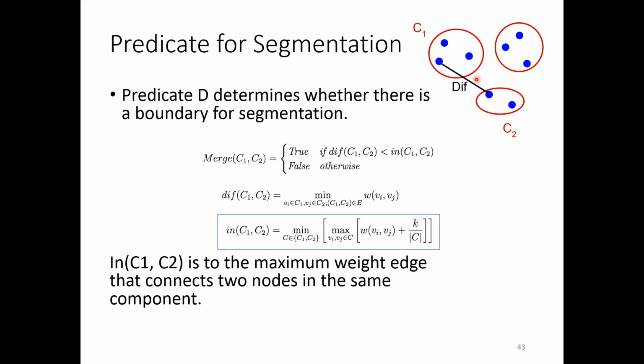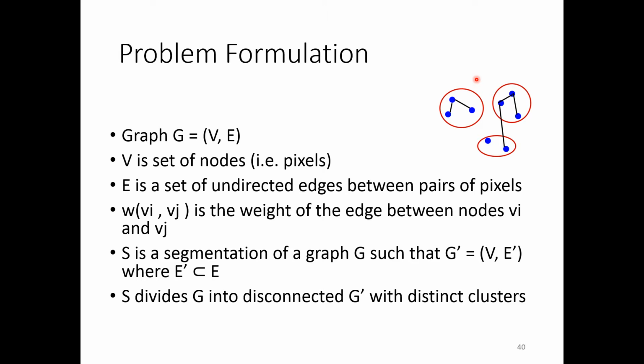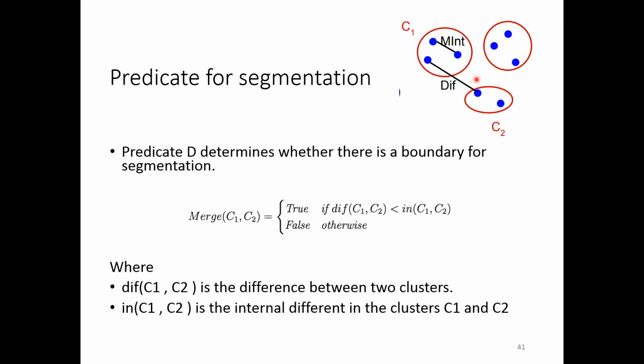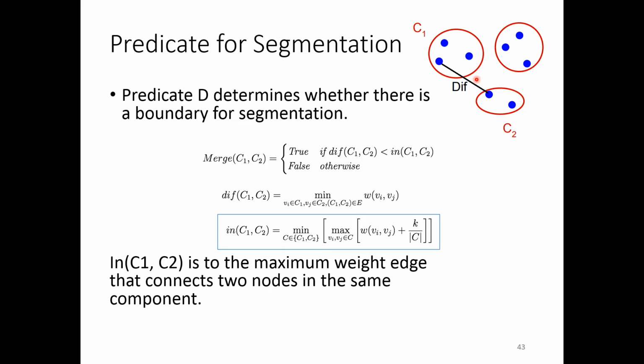Now for the internal difference of the cluster, we will have an expression like this. For example, for this cluster here, we look at the maximum distance between any two nodes there.